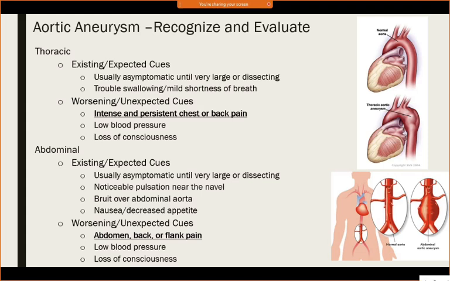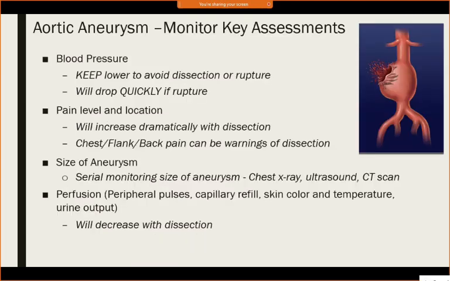And how do we know if that's getting worse? You'll have abdominal or lower back or flank pain, because this is now dissecting in the abdominal area. So a little bit different levels of pain because of where they are. And of course, the worst case is the whole thing ruptures and causes no blood pressure and loss of consciousness.